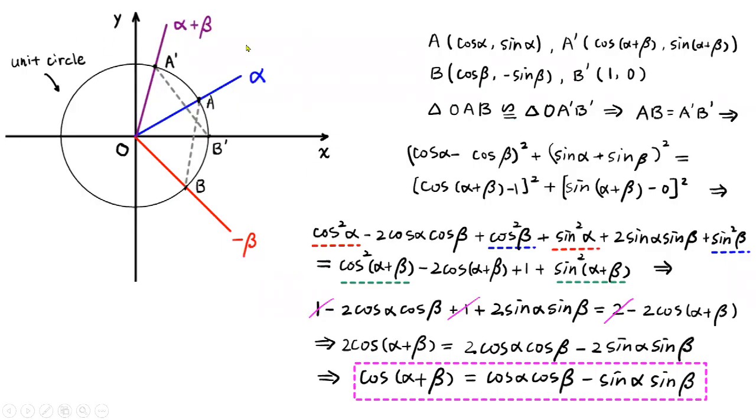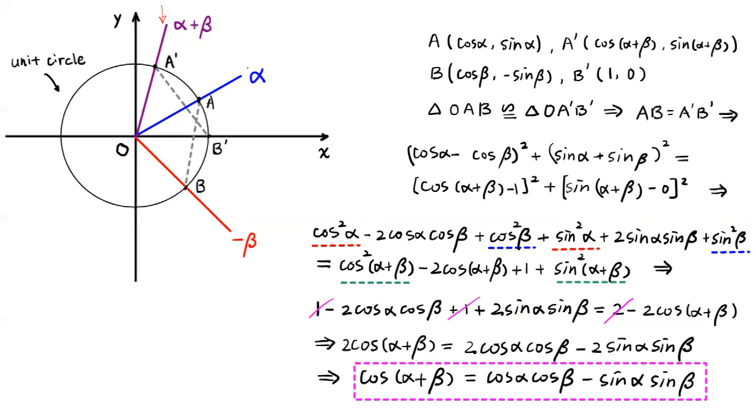Okay, now let's have a look at how we can prove this is actually a trigonometric identity. Suppose there is an arbitrary angle alpha here, which has the terminal side in blue, and there is an arbitrary angle minus beta which has a terminal side in red, and then we know that alpha plus beta probably lies here, right?